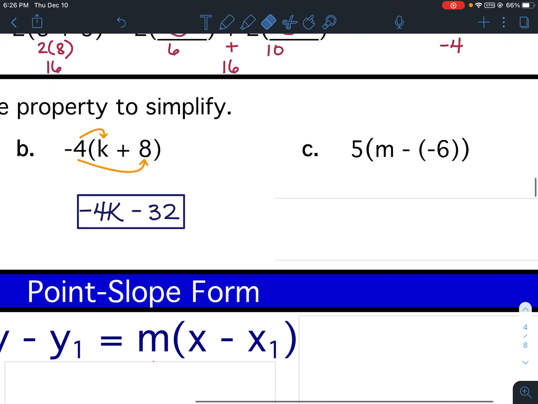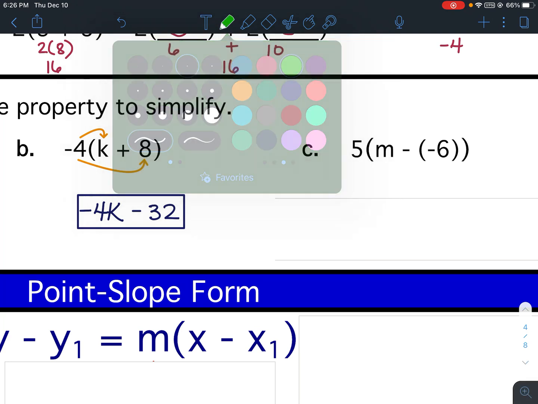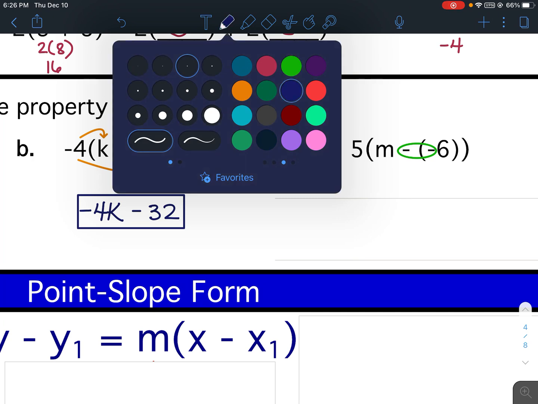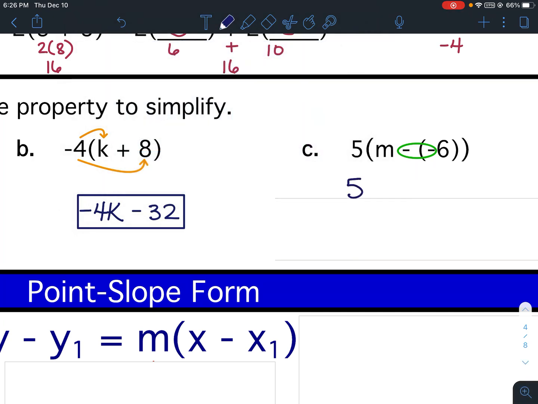Now, what makes c different than the other two problems? That would be this double negative. All right, we want to get rid of the double negative before we do the distributive property. So we want to rewrite this as 5 times, remember the double negatives become positive, so this would be m plus 6.